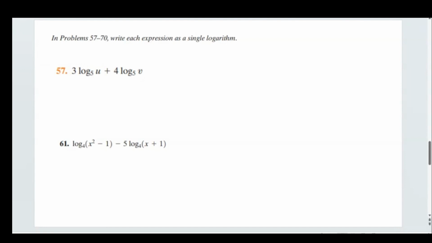So what are we doing? First, we're going to be writing these factors as exponents. So I want to say that this is log in base 5 of u to the third plus log in base 5 of v to the fourth. Now we have the sum of logarithms. So we're going to rewrite this as a single logarithm where the argument is the product of these two arguments, u to the third and v to the fourth.